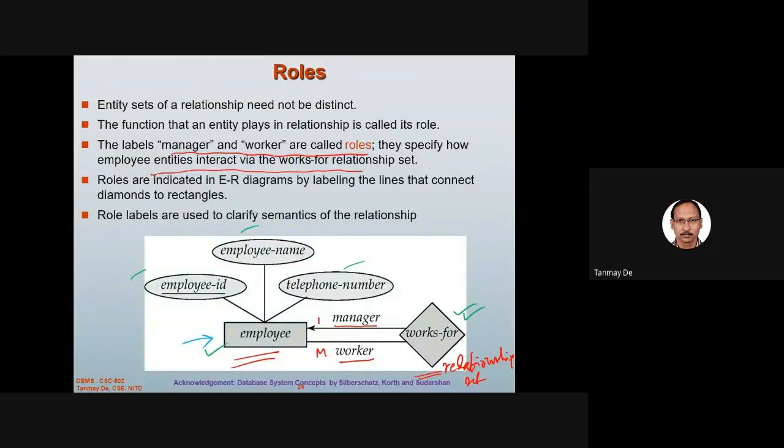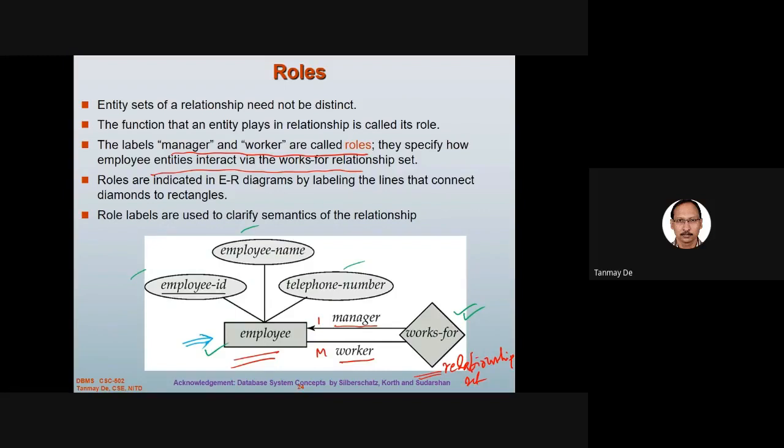Maybe you forget about the project. The designation is manager. And some of the entities in this employee entity set are not a manager or a supervisor. They have a simple worker designation.